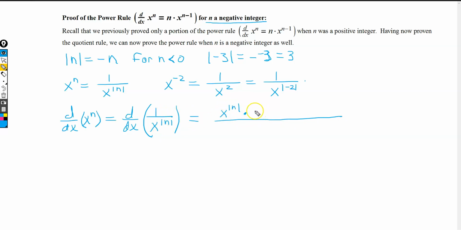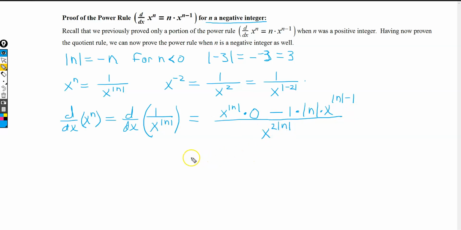But the derivative of 1 is just 0, right? That's a constant. So this term is going to disappear. Minus top times derivative of the bottom. Just have to subtract 1 from the exponent there, drop the absolute value n down, and then divided by the bottom squared.